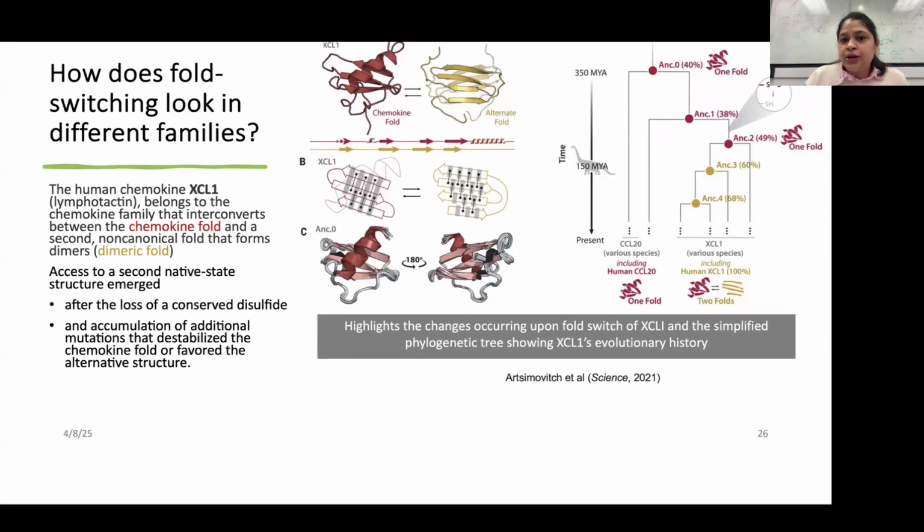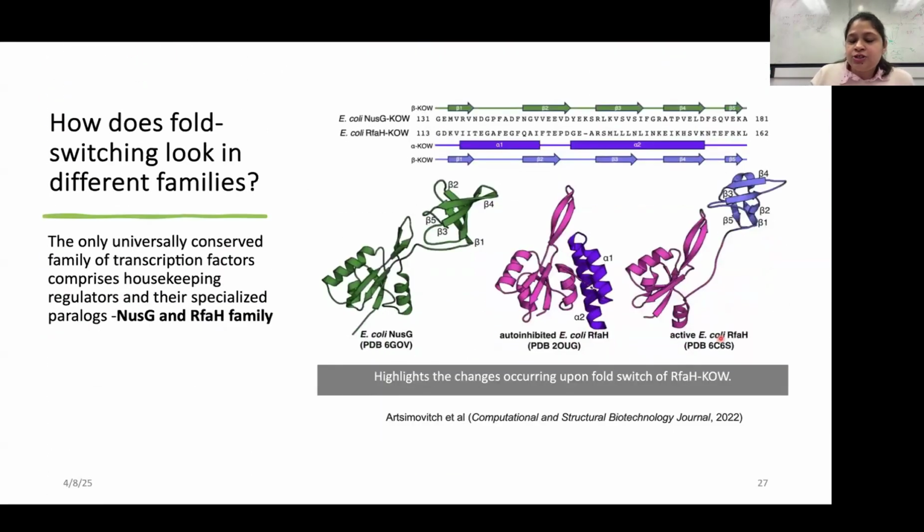In our lab, we are also interested in RfaH, and I said this protein is really interesting to us when I was showing you an example of fold switching. RfaH's NusG family is a large family of universally conserved transcription factors. They are regulators, and they bind to RNA polymerase.